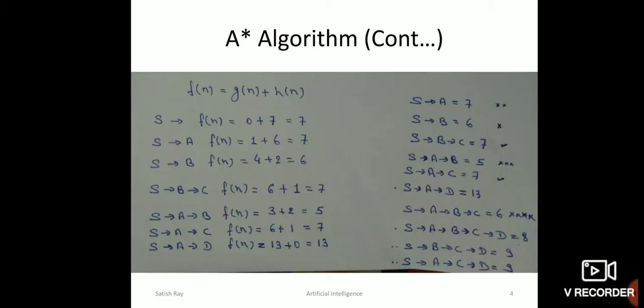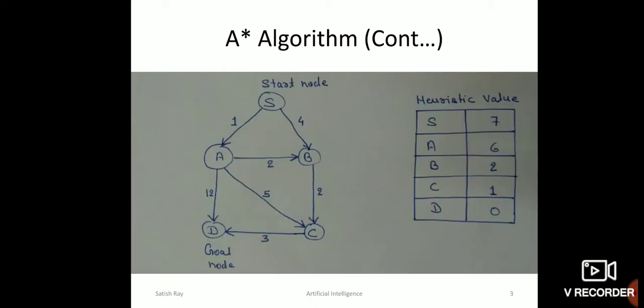So first we will calculate for node S. For node S, f of n will be 0 plus 7 equals 7. g of n for node S is 0 because we are at the node S, and the heuristic value for node S is given as 7.